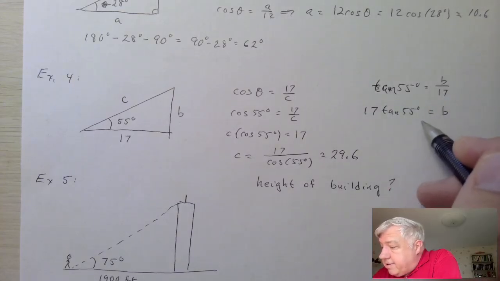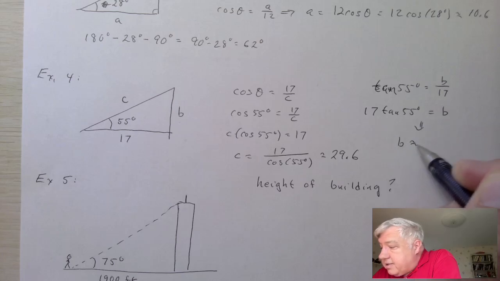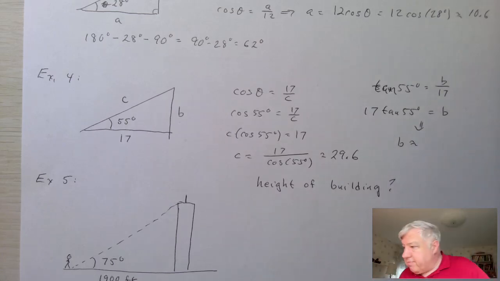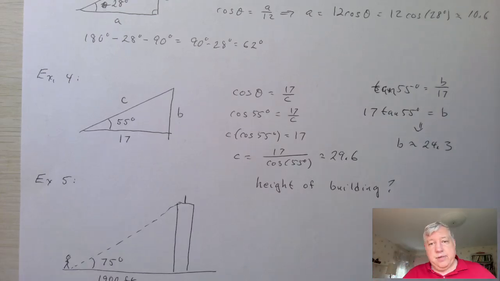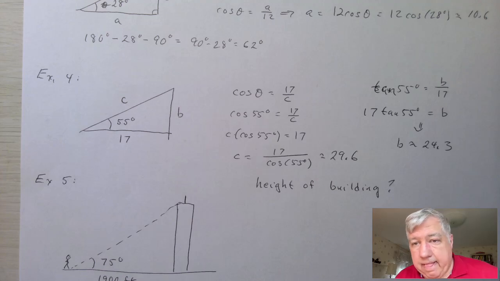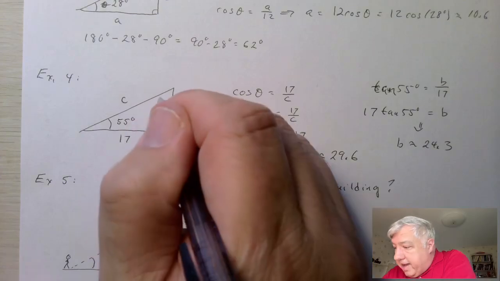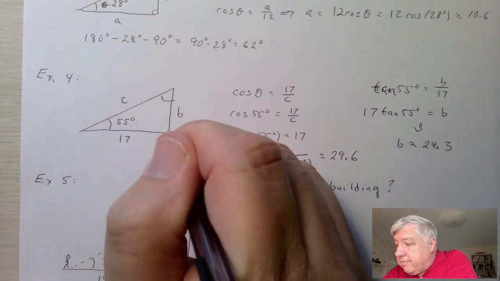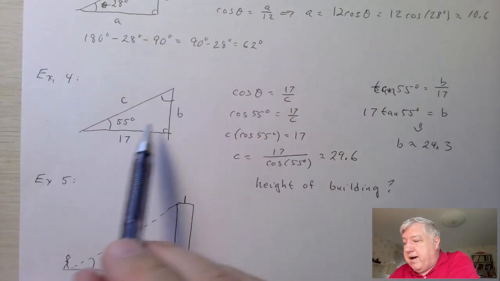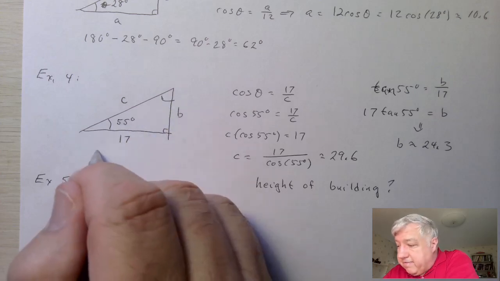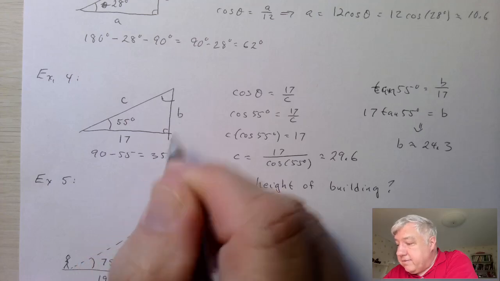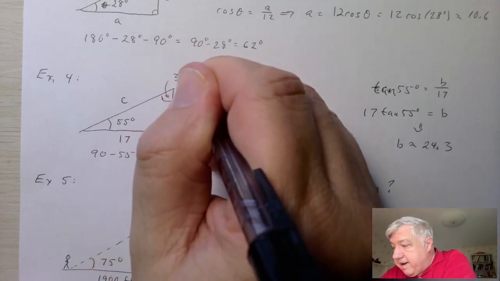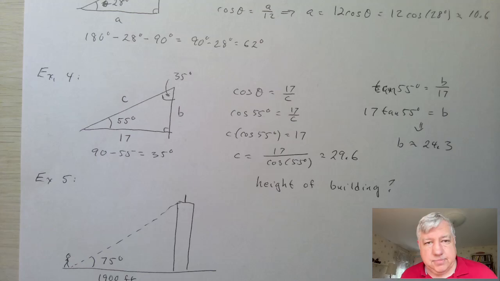And this tells us that B is approximately 24.3. So that's how you find B. And then, of course, what does this angle have to be? Well, if this is 90, this is 55, this angle has to be 90 minus 55. And I believe that is 35, right? So this angle would be 35 degrees.